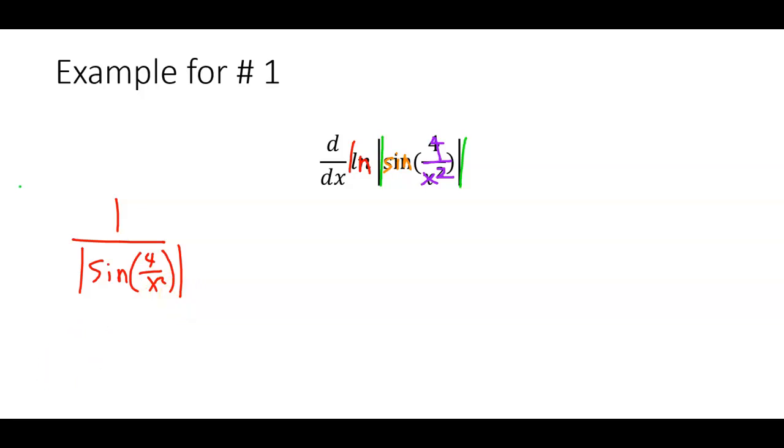Next we have the absolute value, and when you take the derivative of an absolute value function, you put everything that's inside the absolute value on the top of a fraction, and you rewrite the entire absolute value underneath of it like this. Then we have the sine function, and the derivative of sine is cosine.